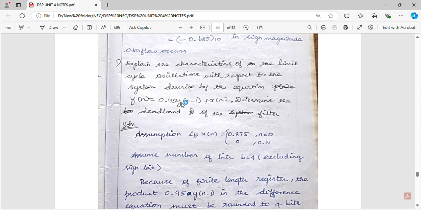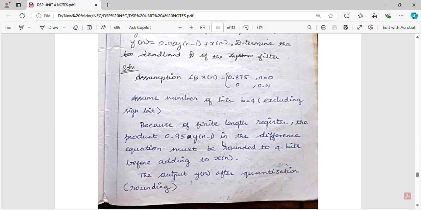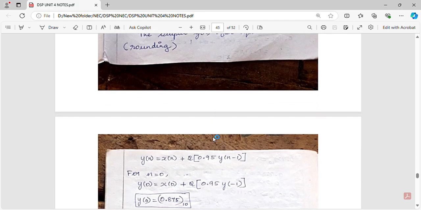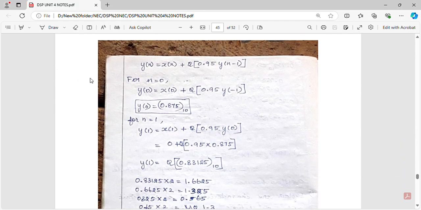So we are going to quantize the product term 0.95 into y of n minus 1, and we choose the rounding operation. So the expression can be written as y of n is equal to x of n plus Q of 0.95 into y of n minus 1. In order to calculate the deadband, we need to calculate the deadband of the filter.